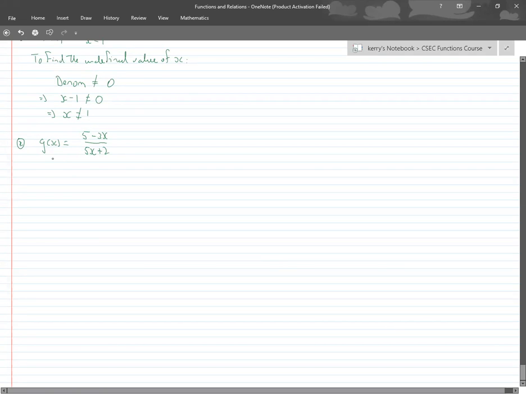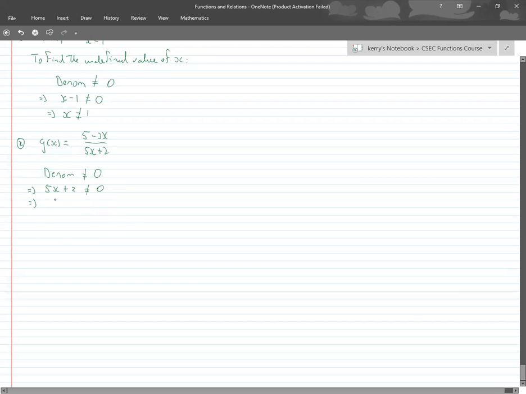Remember that the denominator cannot be equal to 0 because we can't divide by 0. So 5x plus 2 cannot be equal to 0, because if it is 0, we wouldn't get an answer.